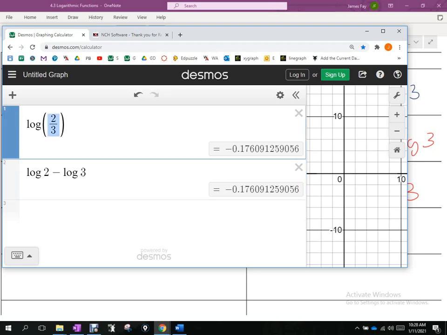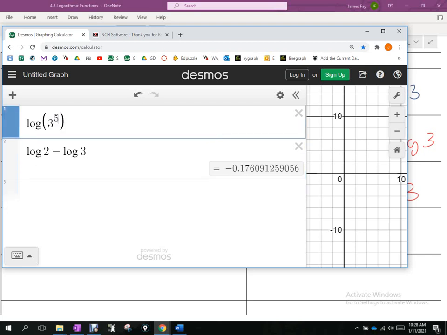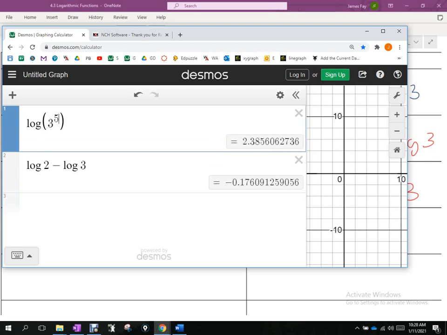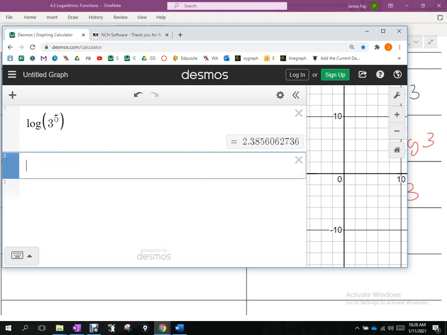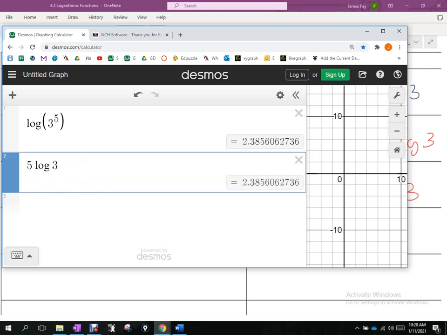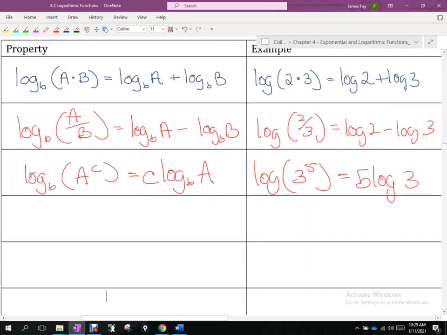If we did the one that was like 3 to the 5th. Okay, so log of 3 to the 5th, that's the same thing as 5 log 3. You can see that those properties hold true with those values. You guys remember seeing those last year? Okay. I'm not going to get too much further with that right now.